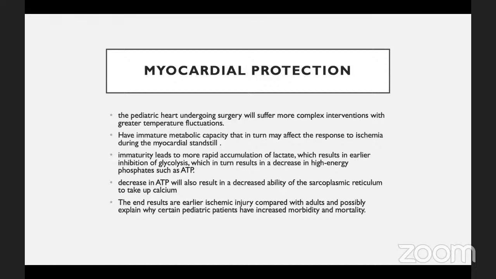So if you are making your heart ischemic, cutting off the blood supply to your heart, if at the onset of ischemia you have very high levels of ATP, your heart will survive the ischemic period. Because ATP is needed for two functions in the heart.